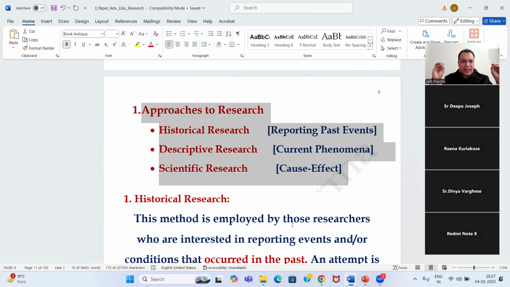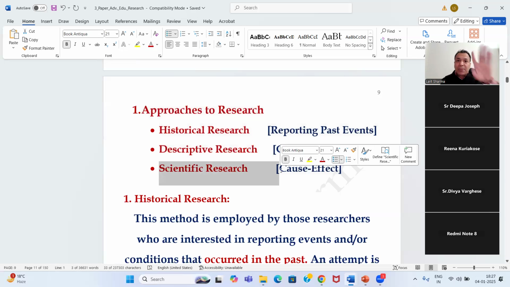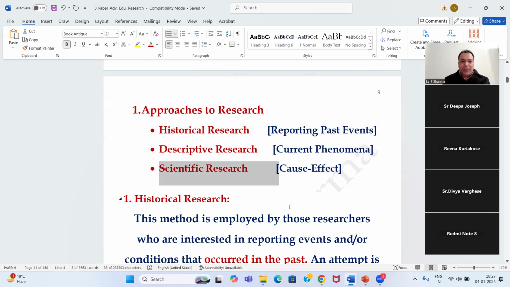And the historical method, historical research or historical method is the same thing. Historical method talks about the previous things. I have given the example of the teaching of Jesus. And scientific research means experimental method, which talks about cause and effect, right?